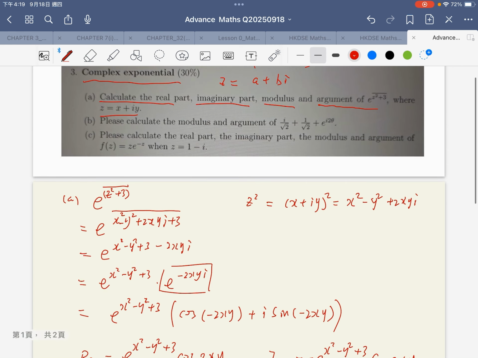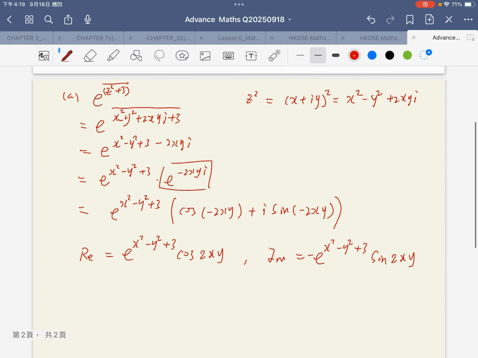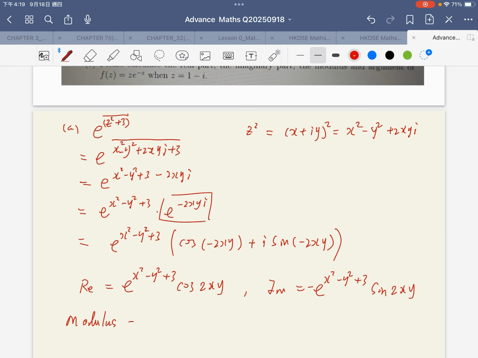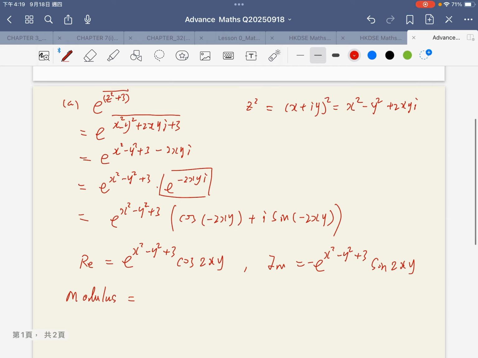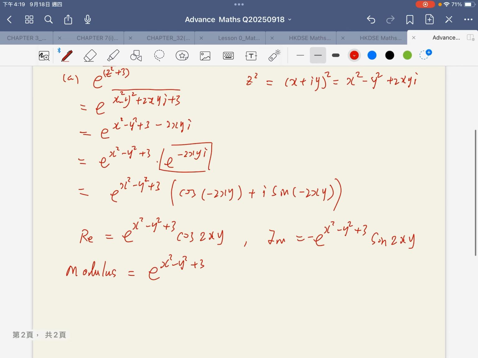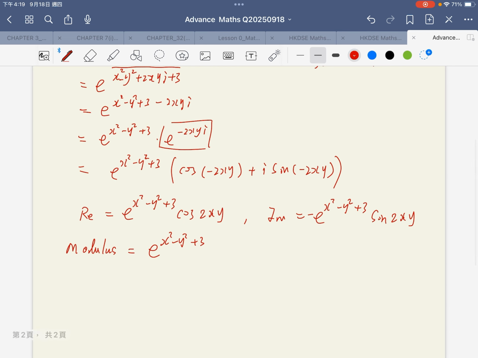The modulus is equal to e to the power x squared minus y squared plus 3. And the argument is of course not 2xy but negative 2xy.